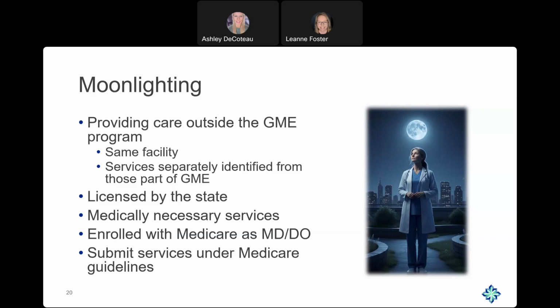We do have a resource on our WPS GHA website that has information on physicians and residency programs, which outlines these moonlighting requirements. And I did ask Leanne to place a link in the chat to this resource. So let's actually go out and take a look at this one.